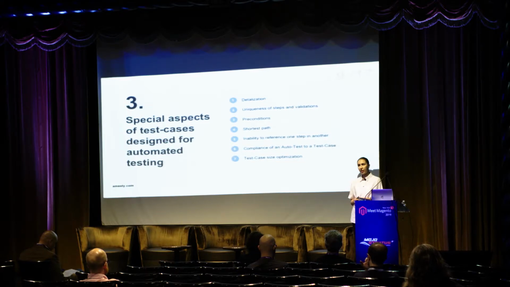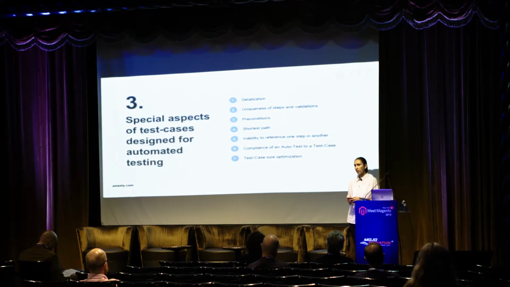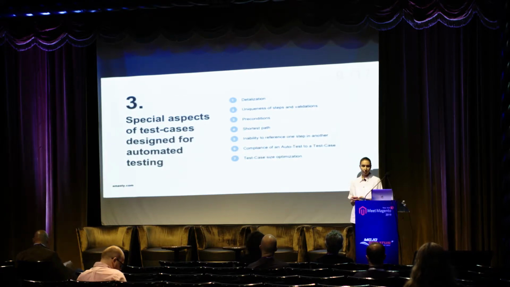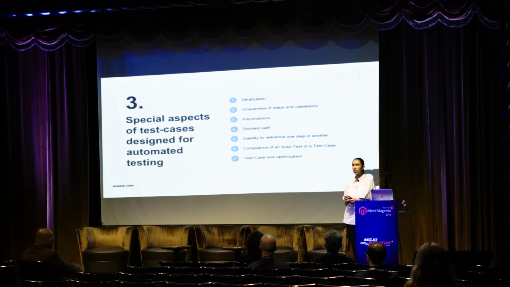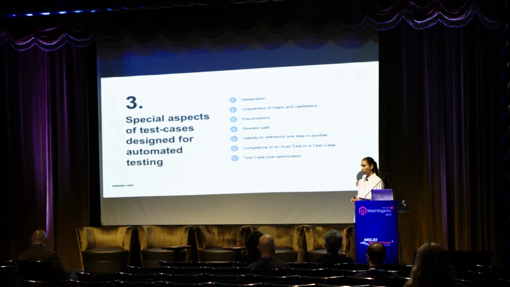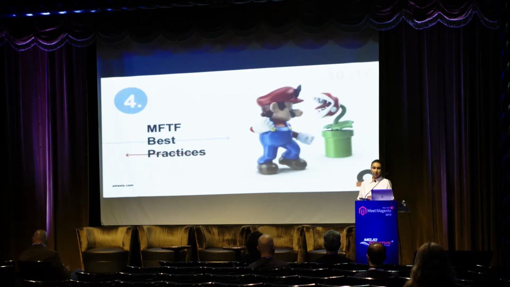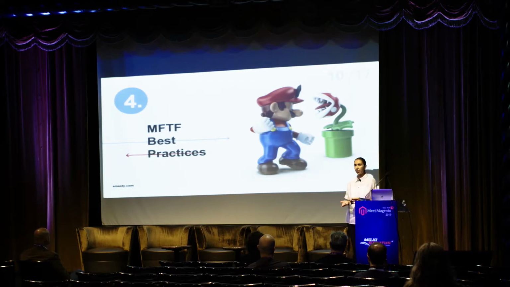Some more or less significant checks may be added if they have the same preconditions and do not increase test execution time a lot. In case there is an indivisible sequence of steps, they are taken out to the action group. And this is when we are slowly moving to the next part of the presentation, MFTF best practices.